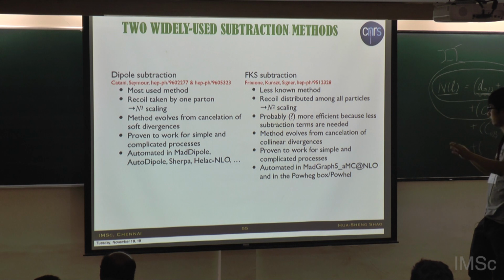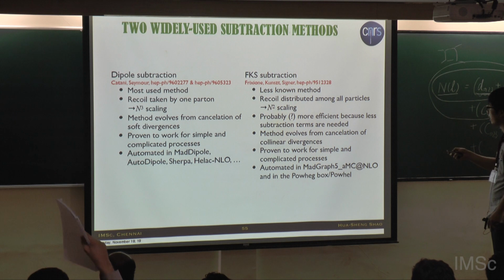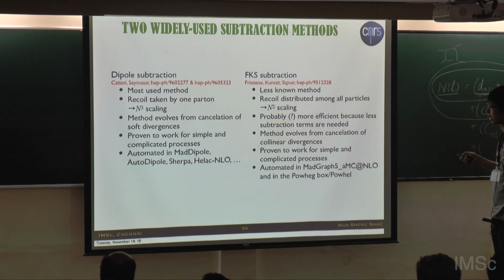You can imagine a collinear configuration. So it's a bit faster, because if you have enough external legs, it scales as n squared. So FKS is a bit more efficient in principle.